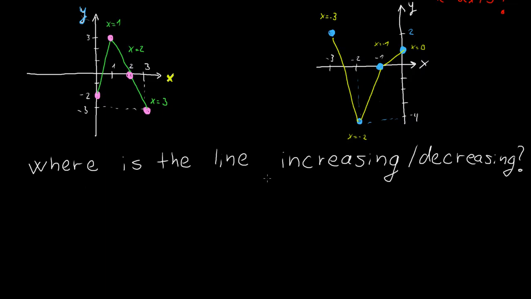Where is the line decreasing or increasing, or the other way around?